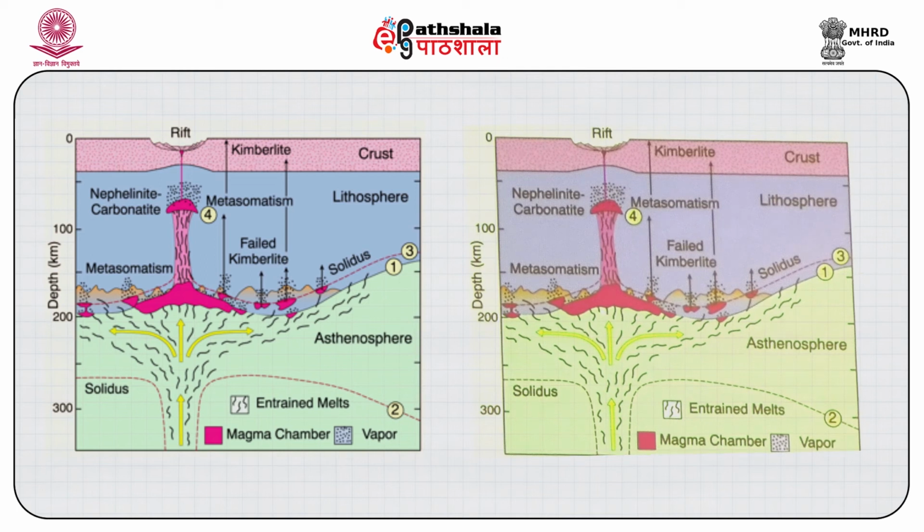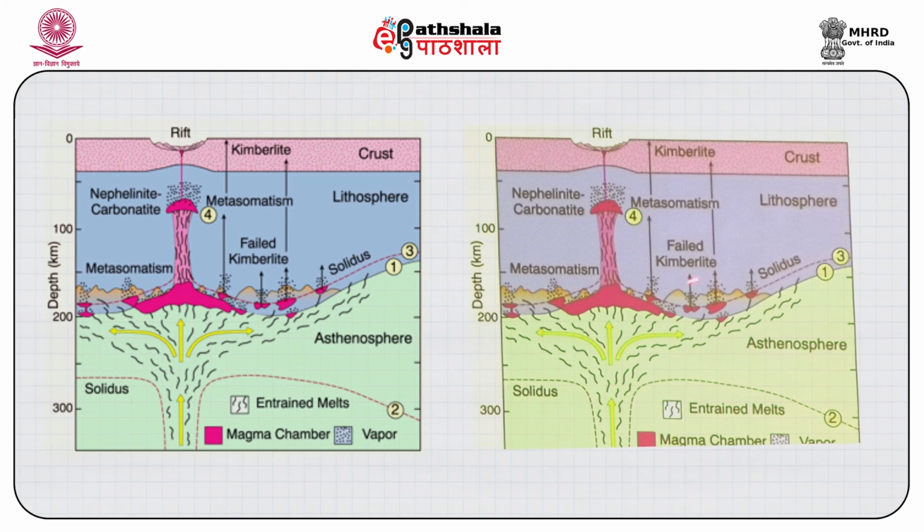You can see this is the magma chamber, these are the entrained melts, these are the melts and vapor. So, they are all agents of metasomatism. The whole area gets metasomatized and then gives rise to different enriched rocks like kimberlite, nephelinite, carbonatites, okay.